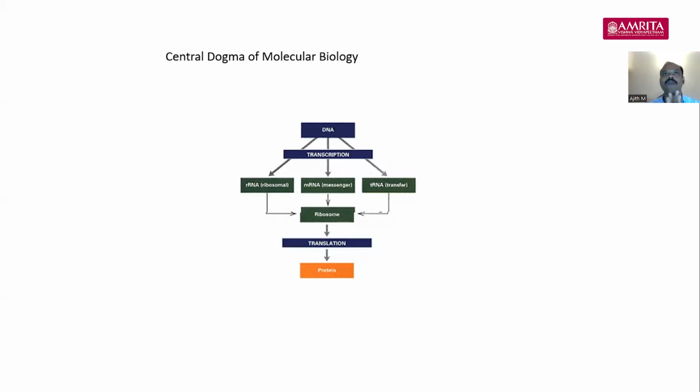Like any other language, DNA is also written in letters, four in our case. A very simple language it is: adenine, guanine, thymine, and cytosine. Adenine and guanine, you all know, fall into a group called purines, and thymine and cytosine into pyrimidines.